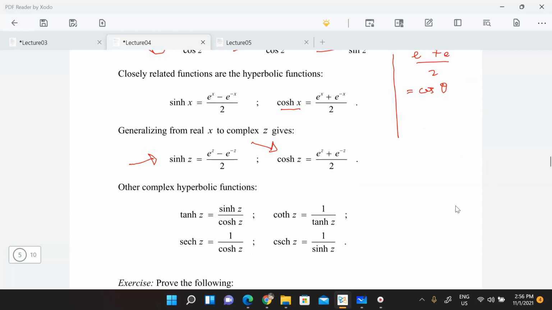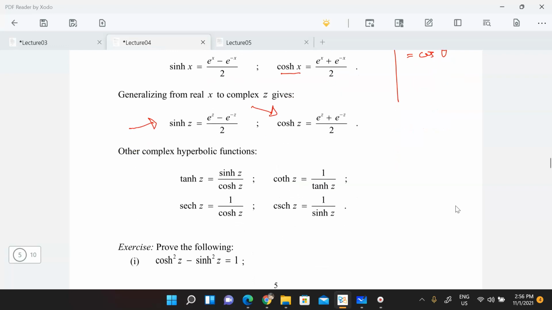Once you define your hyperbolic functions there, you can also get the other functions that you have seen before, like hyperbolic tangent, hyperbolic cotangent, hyperbolic secant, and hyperbolic cosecant. One of the things one should try to do is also prove the identities. For example, in the case of the real variable, you have cosh squared minus sinh squared equals 1.